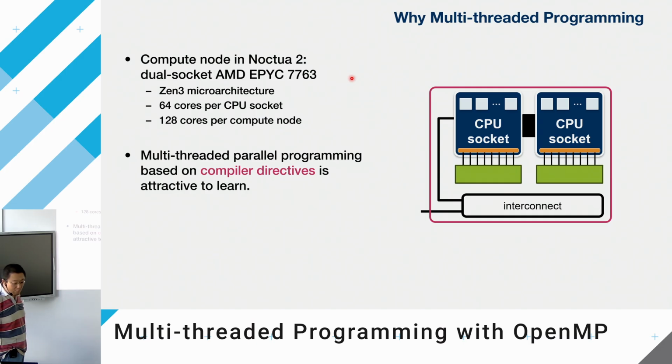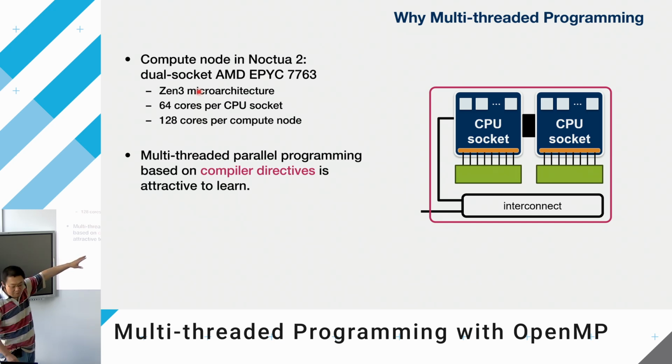So if you look at one compute node from Noctua 2, there are two CPU sockets. This is a figure, a rough demonstration. It's the Zen 3 microarchitecture with 64 cores per socket.